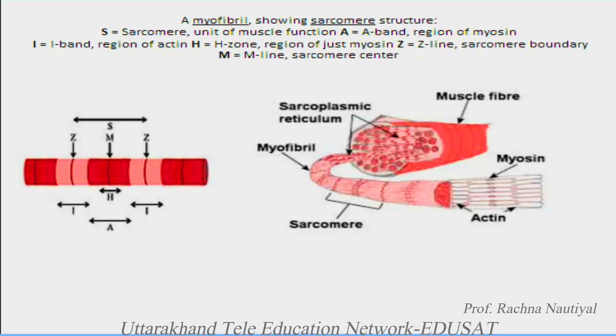From this part to this part is one sarcomere, and again from this to this is another sarcomere, and a number of sarcomeres are attached to each other in a muscle fiber.